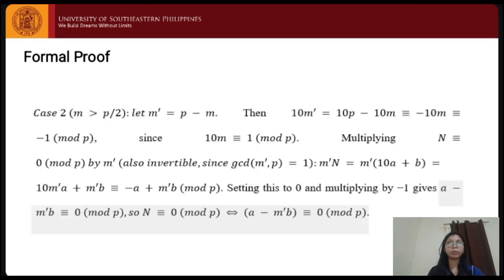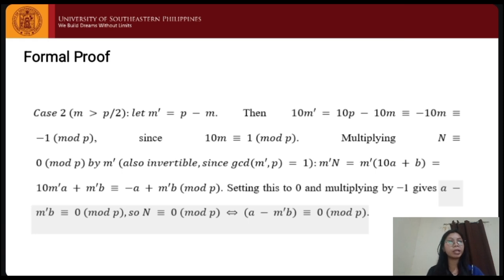Now, suppose the inverse m is large. Instead of using it directly, we define another value: m prime is equal to p minus m. This is going to give us the subtraction rule. Since m prime is smaller, it makes the mental arithmetic much easier, because m prime is congruent to negative m modulo p.